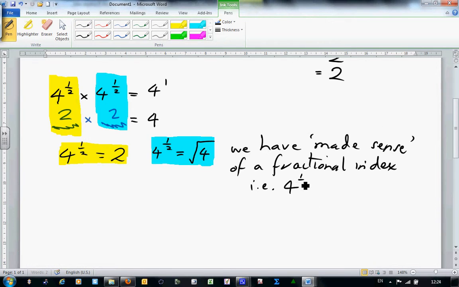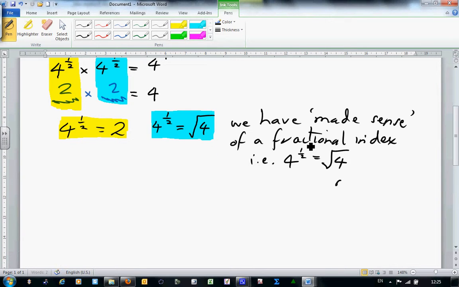Now, will that be true of others? Sure, let's have a look. If I do 16 to the half times 16 to the half, I get 16 to the half plus a half, which is 16. Now notice that 16 to the half is the same as 16 to the half. They're both identical.